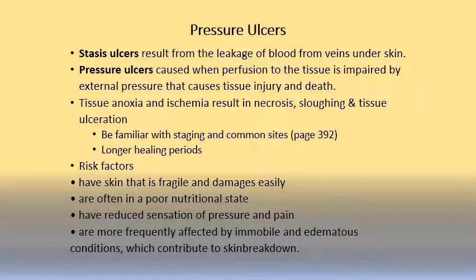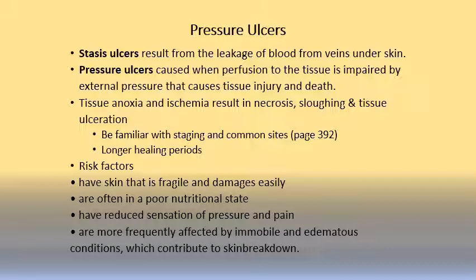Okay. Pressure ulcers are another problem that older adults may face. They come in many types and stages. So there are stasis ulcers, which result from the leakage of blood from veins under the skin because of stasis, and pressure ulcers, which are caused when perfusion to the tissue is impaired by external pressure that causes tissue injury and death, or by friction.